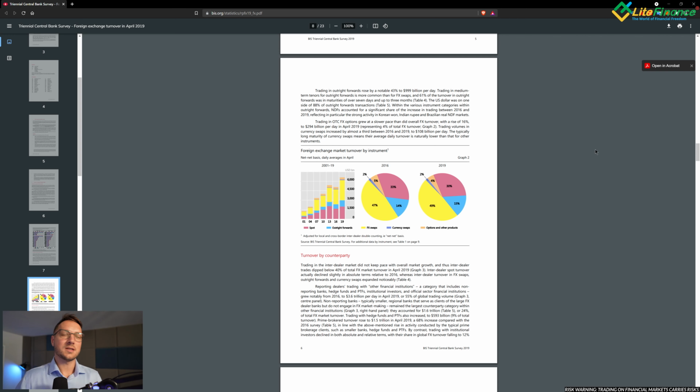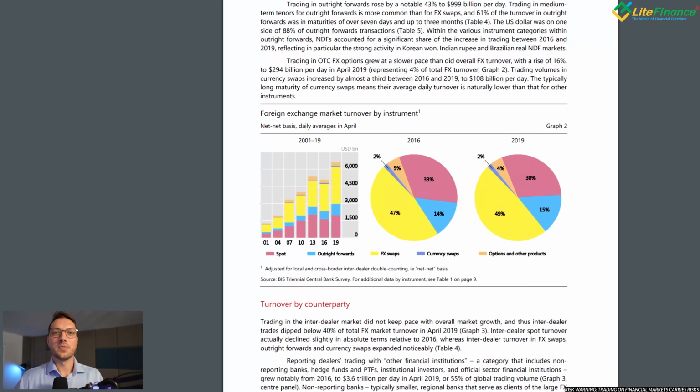It is impossible to get all the volume of Forex trading, because Forex is traded in many banks. There are not only the spot transactions that you can see, the spot market that we are trading on. There are also internal bank transactions. There are other products like FX swaps, FX options, and I will show you on this graph.